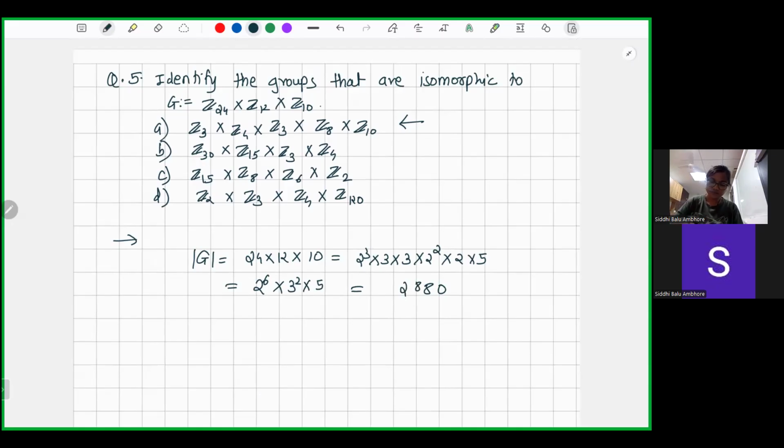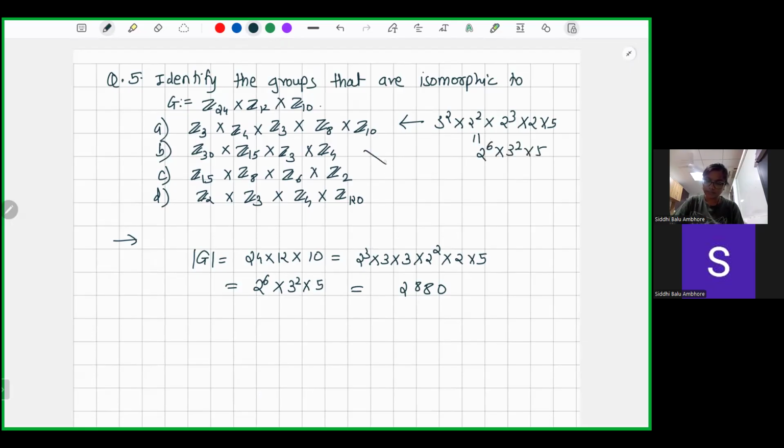And here, this group has order 9 into 4. This is 3 square into 2 square into 2 cube into 2 into 5. So this is 2 power 6, 3 square and 5.